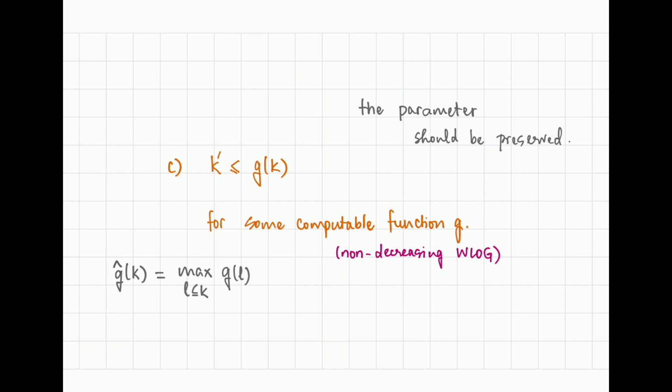So with this, we conclude the definition of a parameterized reduction. Just to recap, a parameterized reduction is an FPT transformation between two FPT problems. So by FPT transformation, I mean a transformation that runs in FPT time, FPT with respect to the original parameter. It preserves the equivalence, and additionally it makes sure that the parameter of the reduced instance is bounded as a pure computable function of the parameter of the original instance.